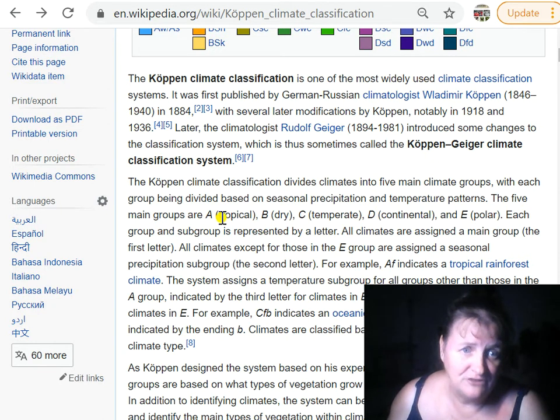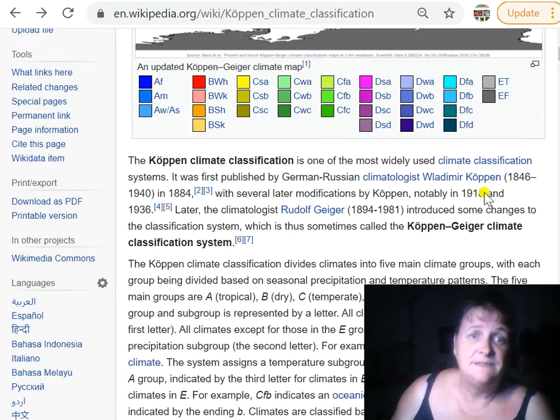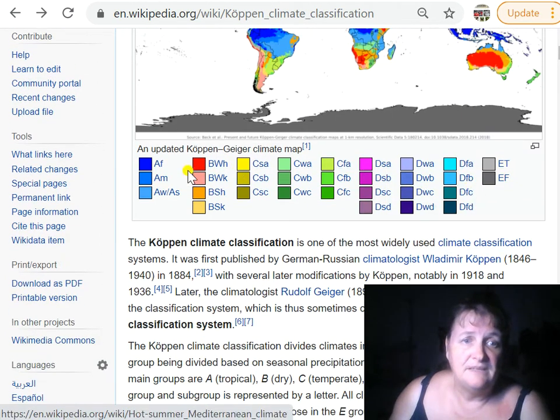The 5 main groups are A, tropical, B, dry, C, temperate, D, continental, and E, polar. So it actually has them all colour-coded on this map, and the colour codes are down here.